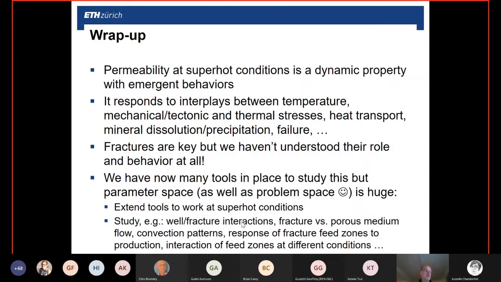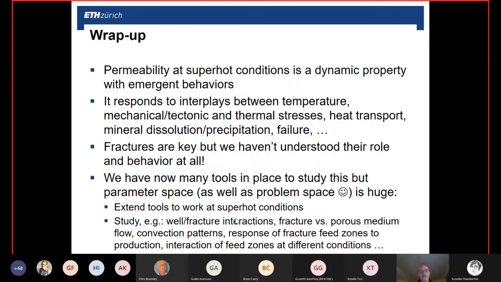Those of you who saw Benoit's talk in the first session will have seen that at IDDP2 you have three inflow zones, and depending on the thermal and pressure state in the well, they will start influencing what you produce and where you produce from. This will change significantly if in that model we make these fractures subvertical structures and things like that. So there's a lot to be understood here.